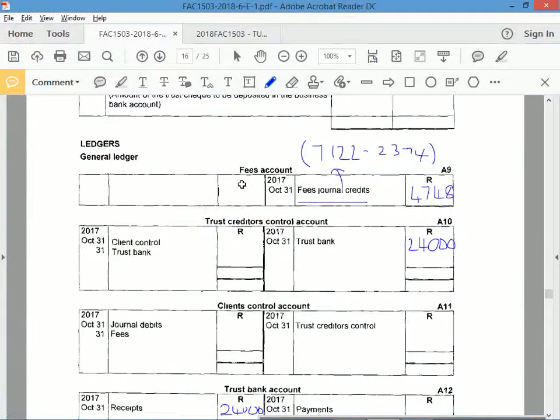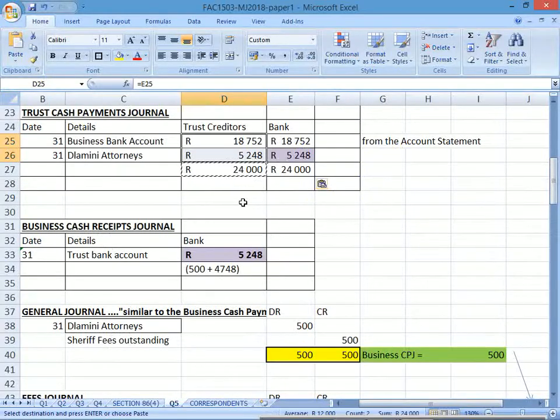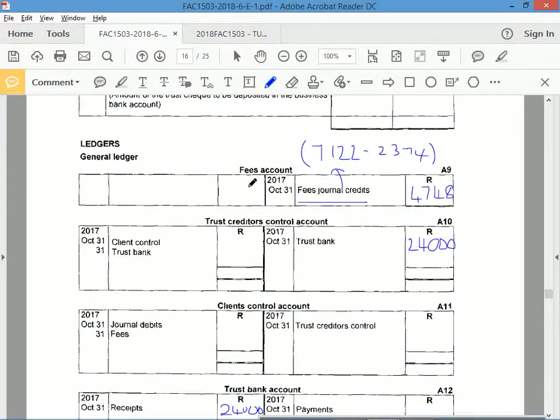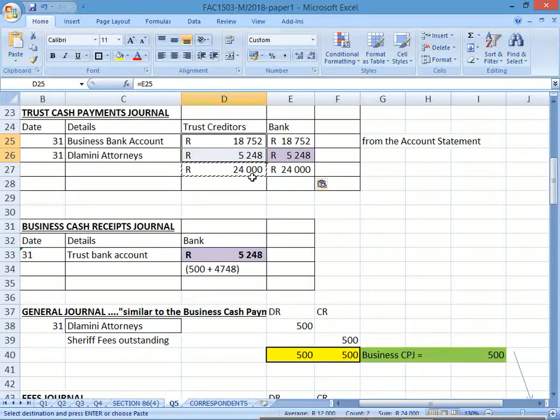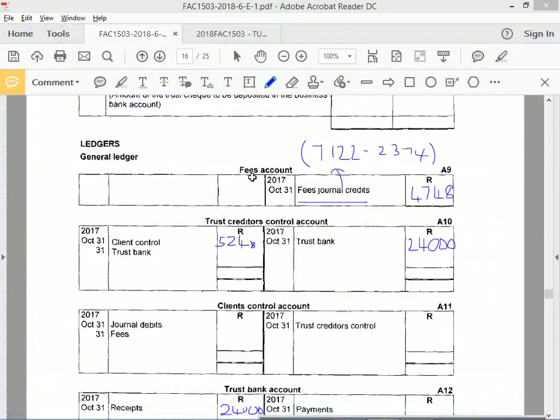Okay, so trust creditors 5248. And business bank account 18752.